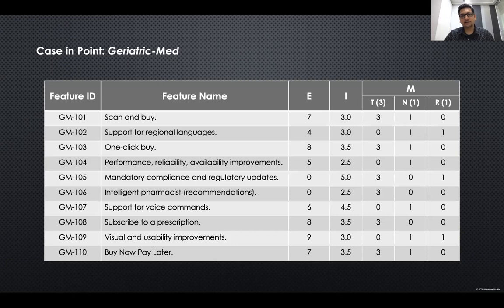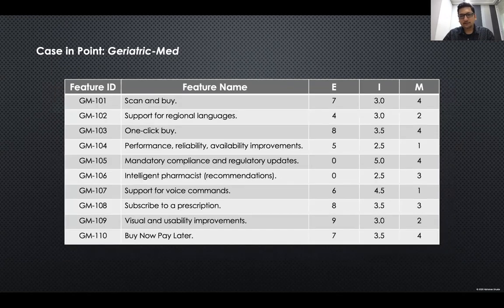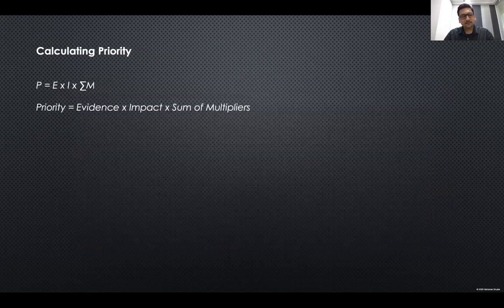And now the next step is just add them up. So when you add them up, you will have a cumulative sum of all the multipliers. So now you have the evidence, impact and multiplier, the 3 columns, which are ready for this backlog, right? The next step is just calculate priority. And the equation for priority here is you just multiply the market evidence that you have, the impact of the feature, and the sum of all the multipliers, right?